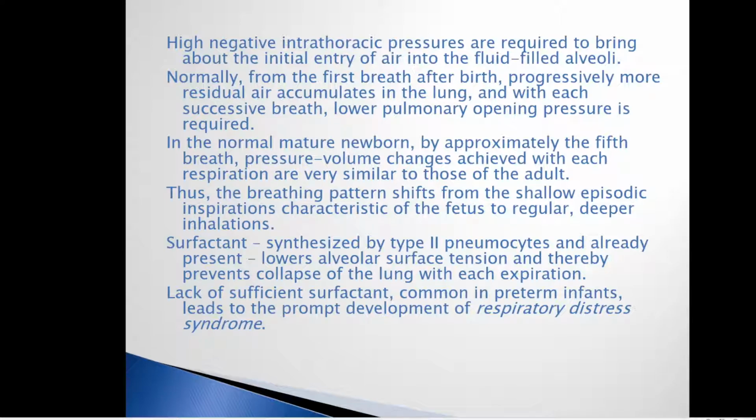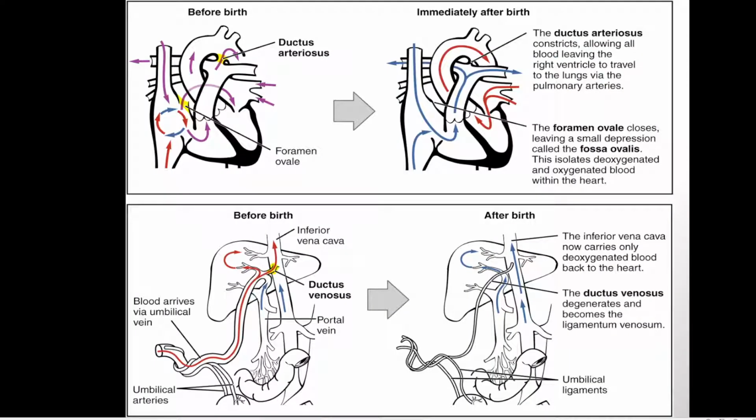And surfactant, synthesized by type 2 pneumocytes and already present, lowers alveolar surface tension and thereby prevents collapse of the lung with each expiration. If pathology happens, maybe respiratory distress syndrome.